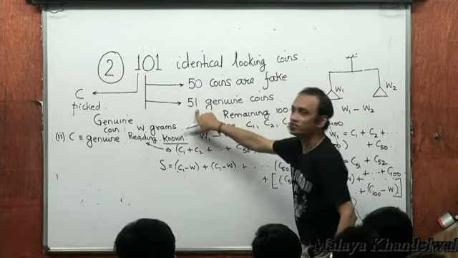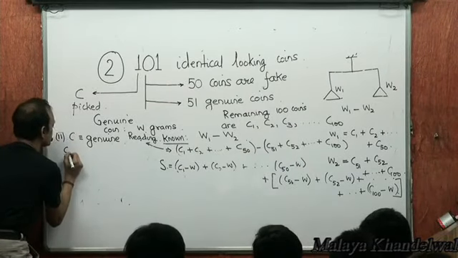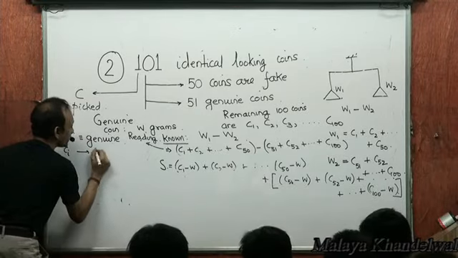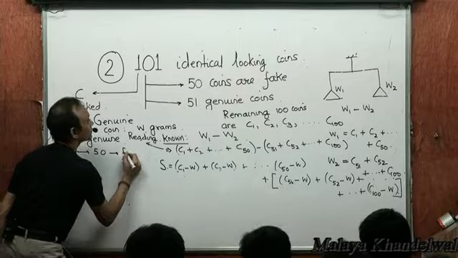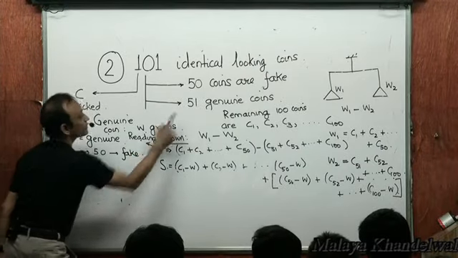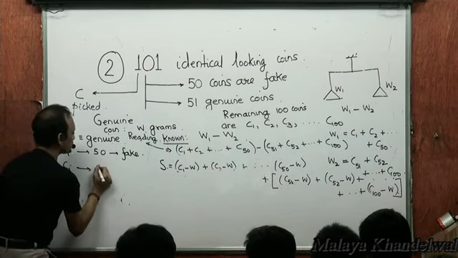There are 50 fake coins and 50 genuine coins. That means 50 Cis in this set are fake, and one genuine coin is excluded. So 50 Cis are genuine.